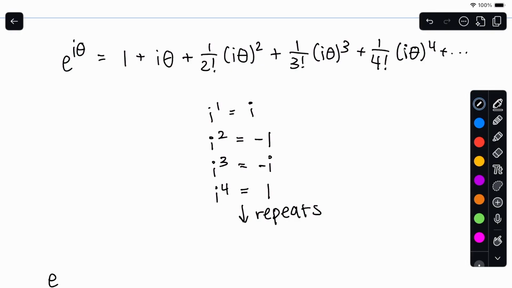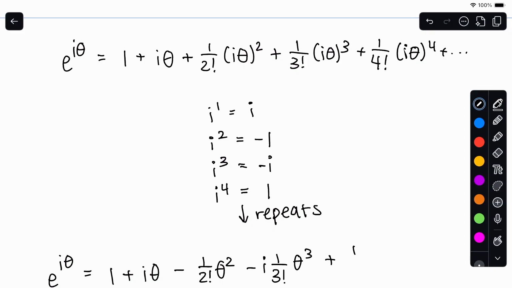So now we're going to have e to the i theta equals 1 plus i theta minus 1 over 2 factorial theta squared minus i times 1 over 3 factorial theta cubed plus 1 over 4 factorial theta to the 4th, and so on.